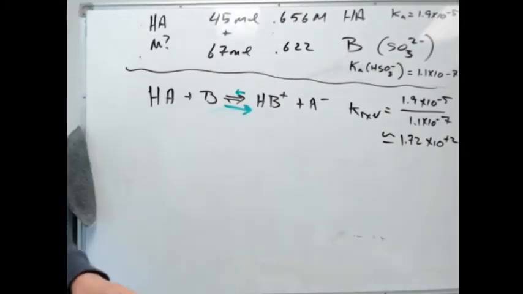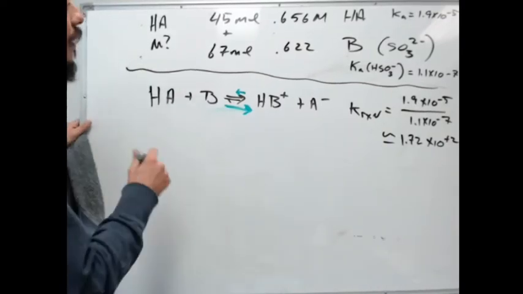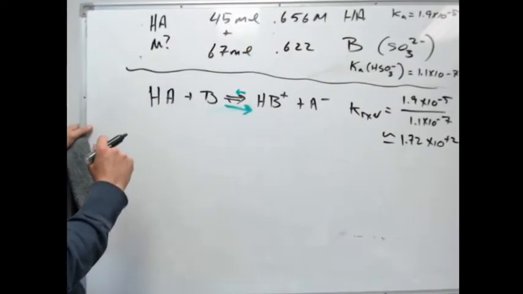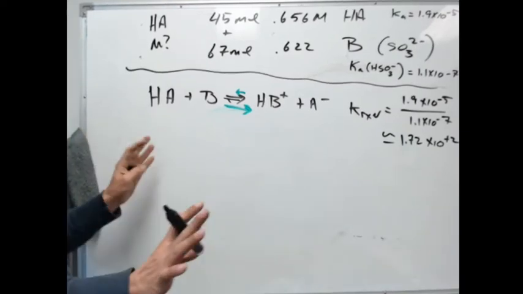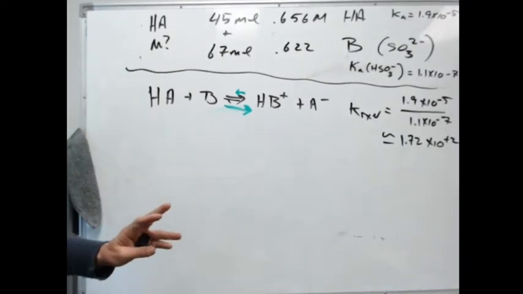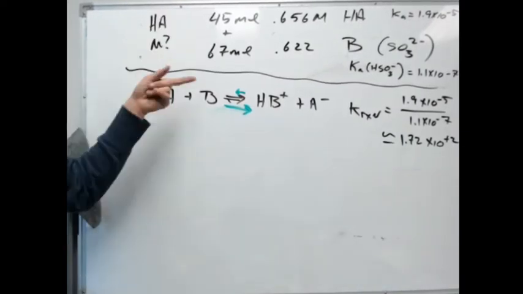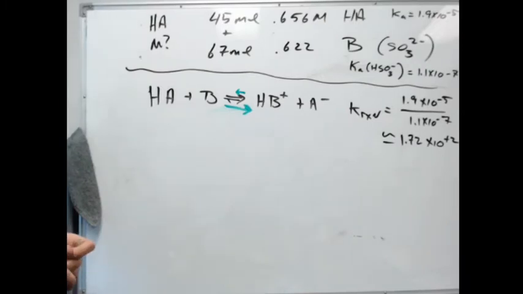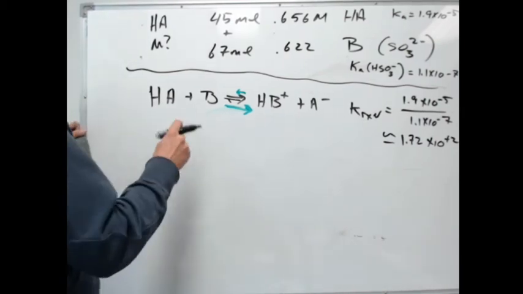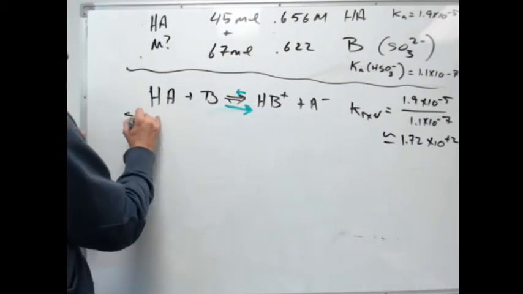So we know we're making a kind of bad approximation here. 45 times 0.656. But at this point, after we've got this set up, after we've got our K reaction and our starting materials, we are really doing the same problem we did for 7 weeks. Reaction equilibrium. So I need to get some number of moles because I'm starting with a reaction.